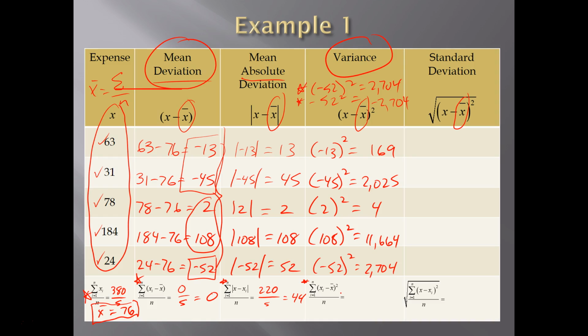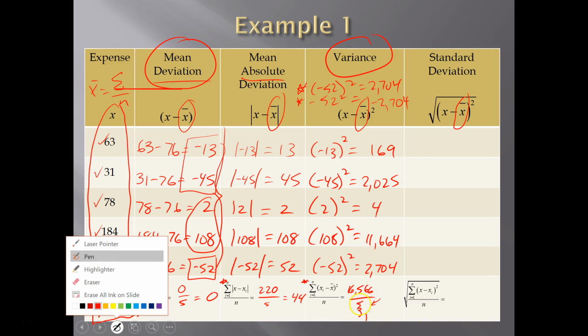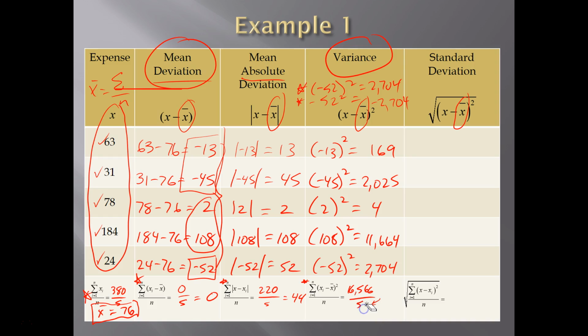So you're going to add those things together, and that gives you 16,566 divided by your n value, which is 5. And when you do that, you get 3,313.2.